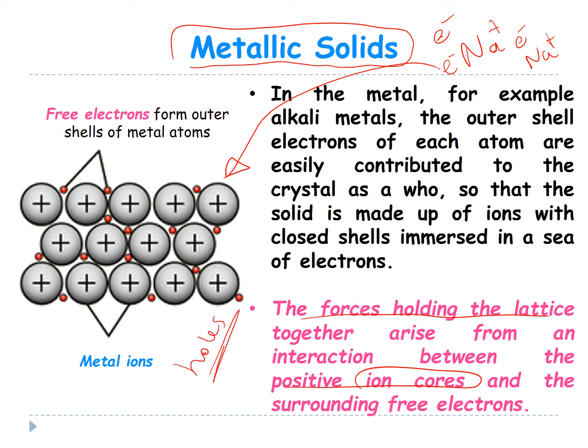I'll get back to this later as we study electrons and holes in following slides. But it's just important for you to see at this point that the metal consists of positive core ions surrounded by a sea of electrons. The concept of a hole really doesn't apply here.